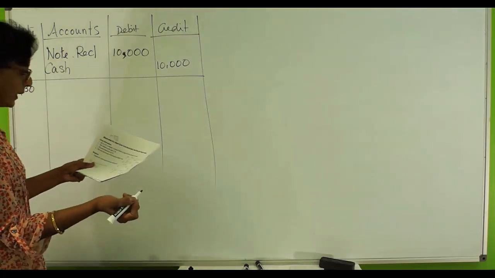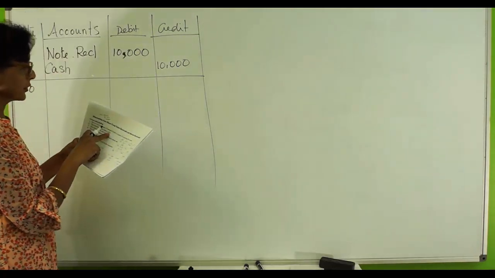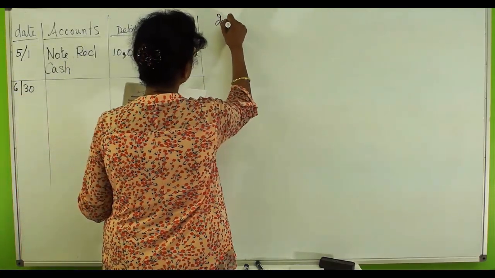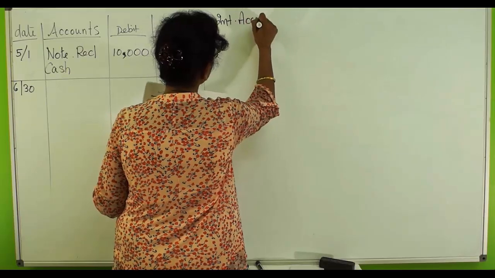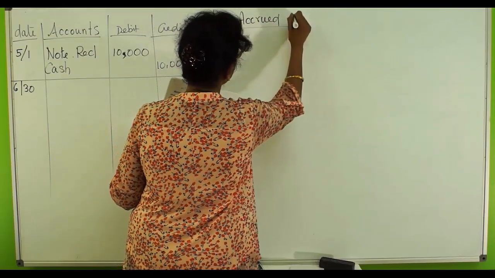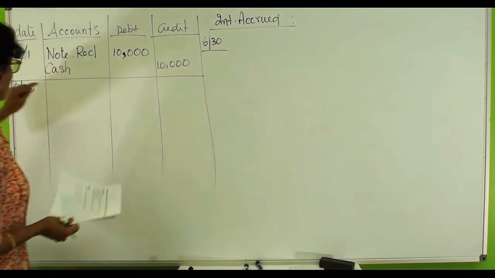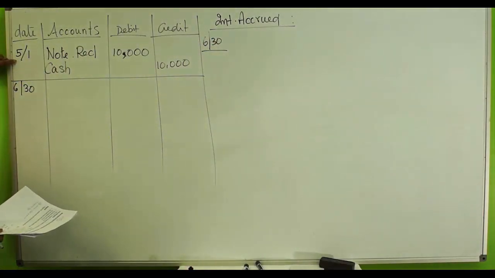you have to calculate the interest. So here the interest is 12%. The interest accrued on June 30 would be, so the note was made on May 1st, you are entering on June 30, so 2 months have passed.